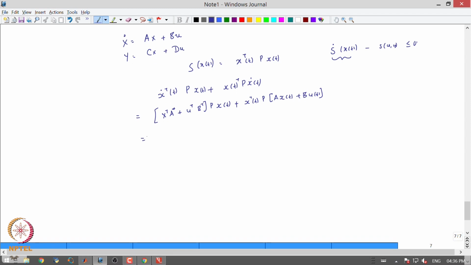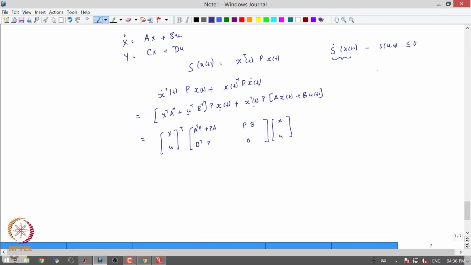So this I can club in the following way. I have x and u transpose, and x and u. What do I have here? I have A transpose P plus PA, and the term involving x transpose and u would be PB, and the term involving u transpose and x is B transpose P, and 0 here.